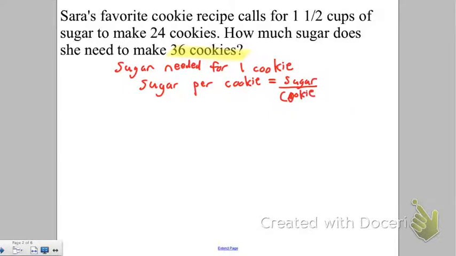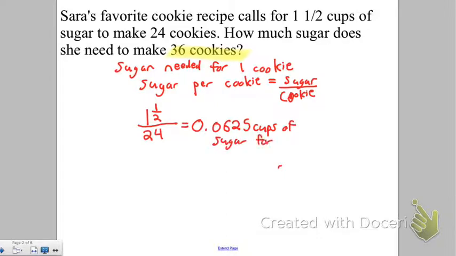The information that I'm given is 1 1/2 cups of sugar for 24 cookies. When I divide 1.5 divided by 24, my answer is 0.0625 cups of sugar for 1 cookie.